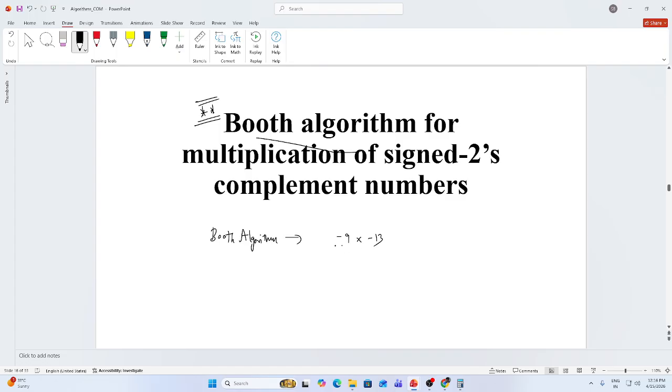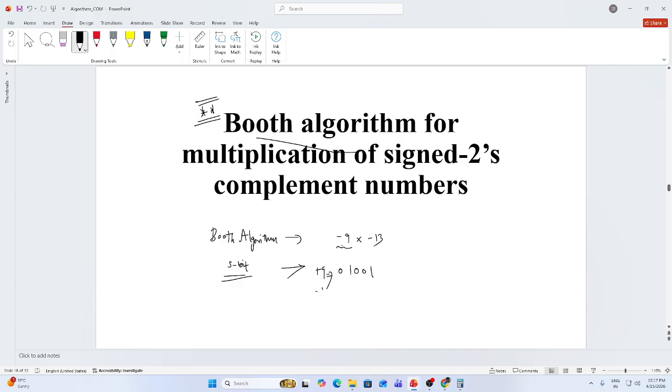How to represent minus 9 in 2's complement form? Here I am using 5-bit precision, as in the last example. If I use 5 bits, first I represent plus 9, which is 0 1 0 0 1 in 5 bits.